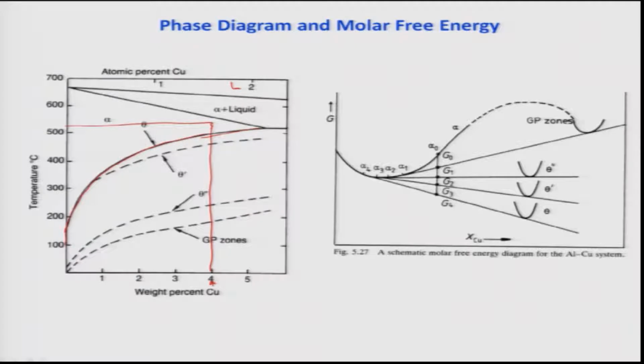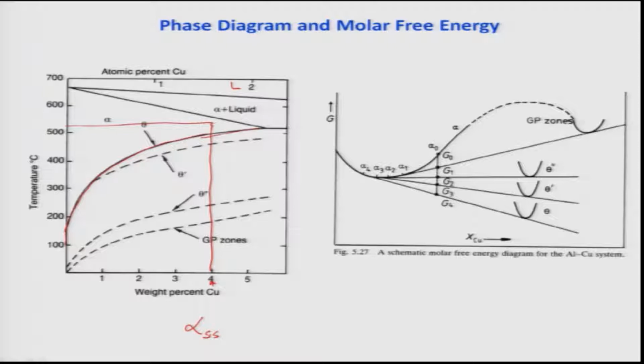So at about say 100 degrees Celsius, copper solubility in aluminum is negligibly small. So because of that, quenching into water will lead to the formation of what is known as supersaturated alpha.